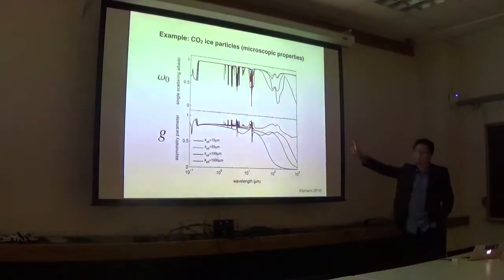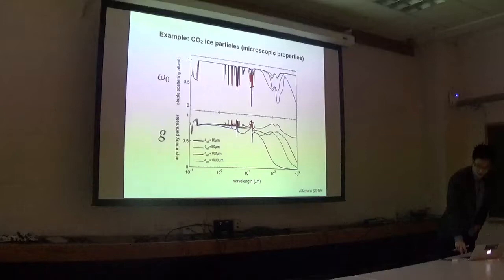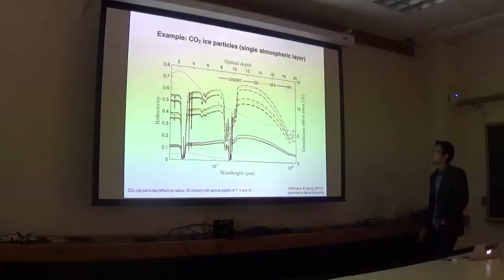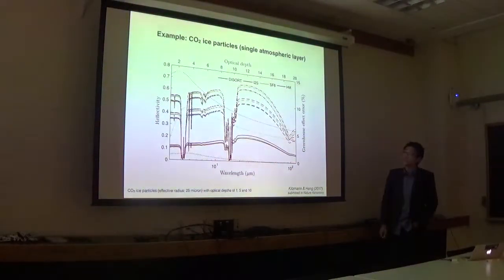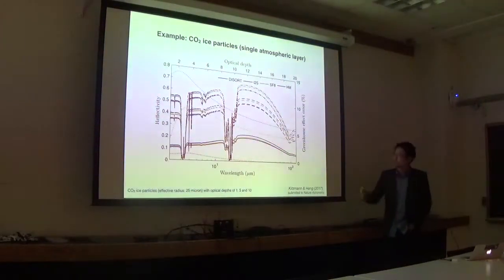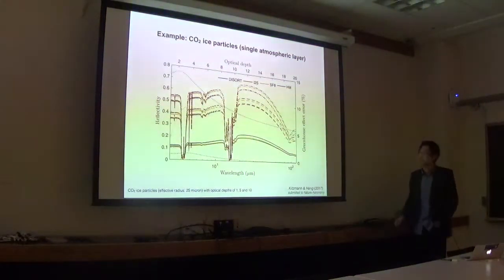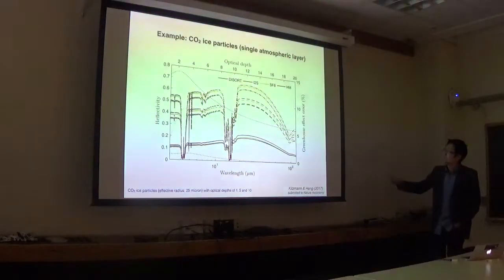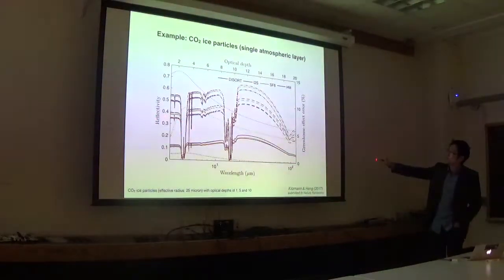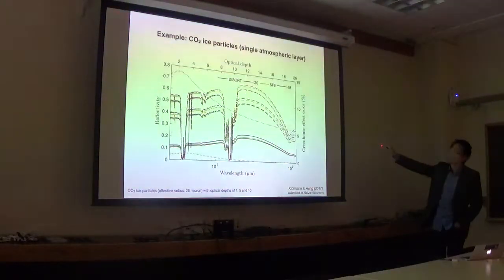Now let's take these properties and fold them into a single atmospheric layer. So this is the calculation for a single atmospheric layer. We have made some assumptions about the size distribution of the particles. It's not so important, but they're large compared to the wavelengths you're looking at. That's what's important. And these are the reflectivity of a single layer for optical depths 1, 5, and 10.